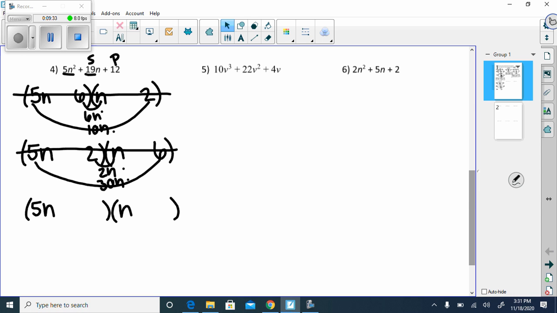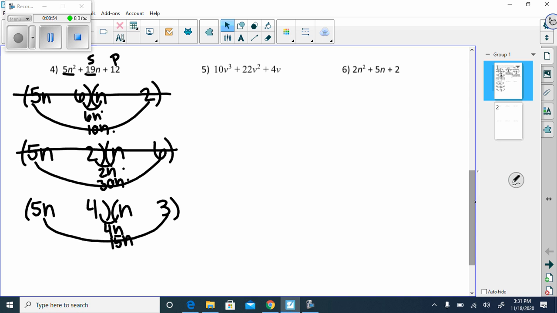So now I have to think about what else would multiply to give me 12. So maybe 4 and 3. So I have to plug those in. I check my inside terms and I get 4n. And I check my outside terms and I get 15n.